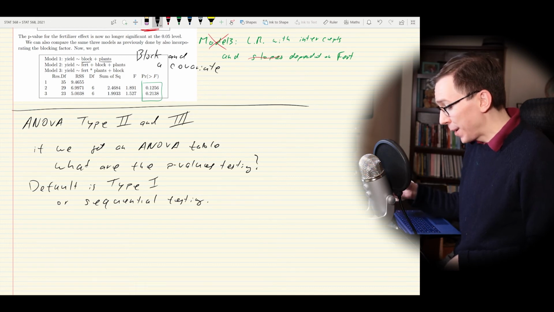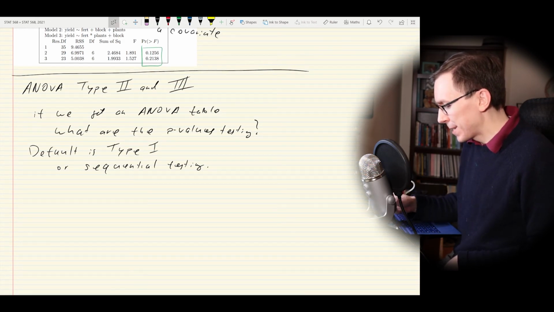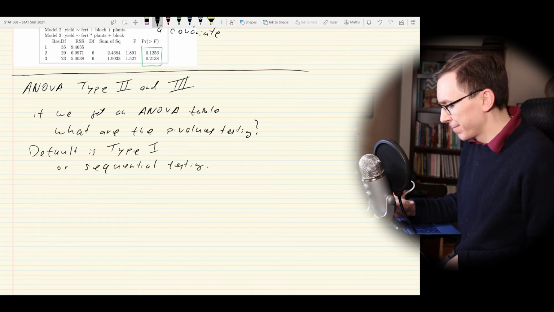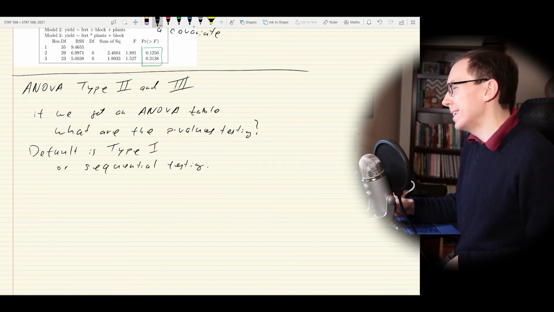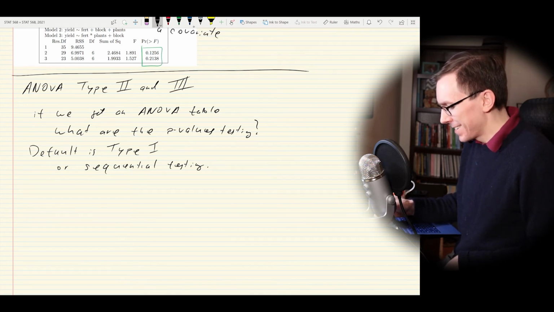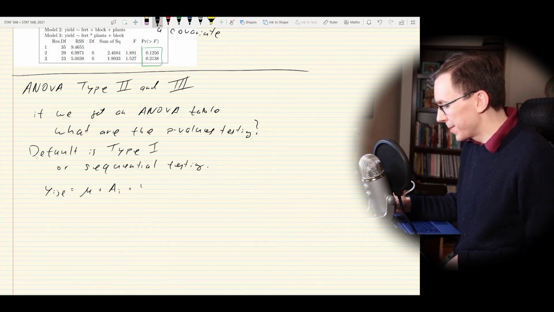And what I mean by sequential testing is, let's say we have something like, what's the easiest way to write this down? Y_ijl is going to be mu plus, I'm going to use A, B, and C here just because I want to be able to abuse the notation.